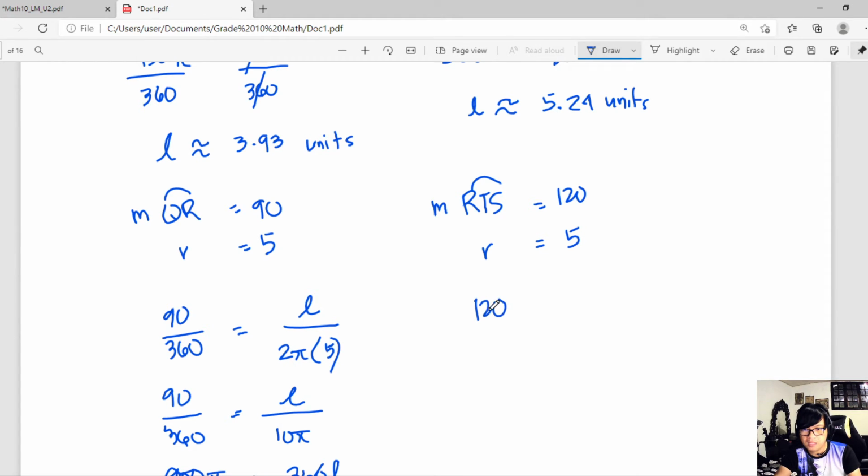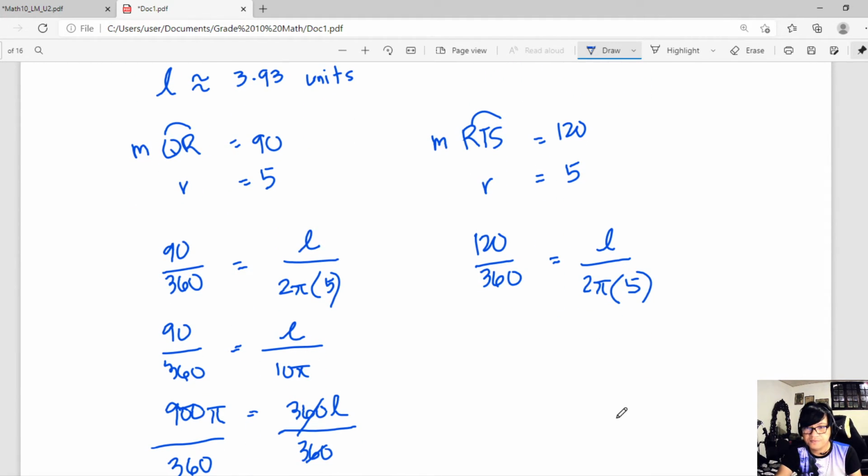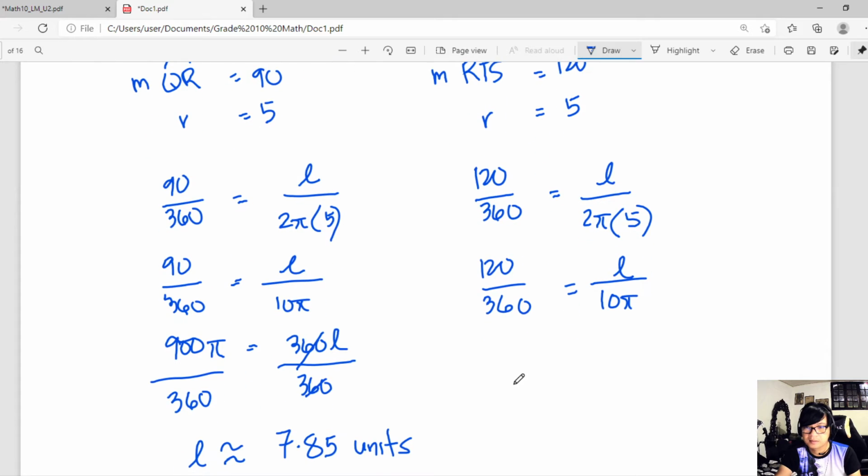So 120 over 360 is equal to arc length over 2 pi times 5. It's all the same, only the arc changes. So 120 over 360 is equal to L over 10 pi. So this is 1,200 pi is equal to 360 times the arc length. Divide both sides by 360.